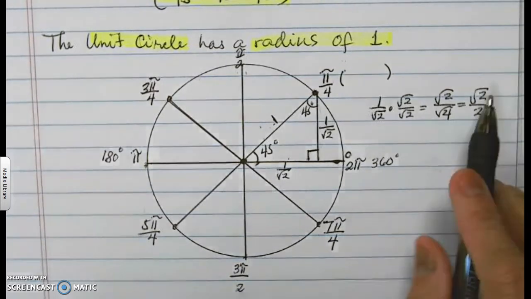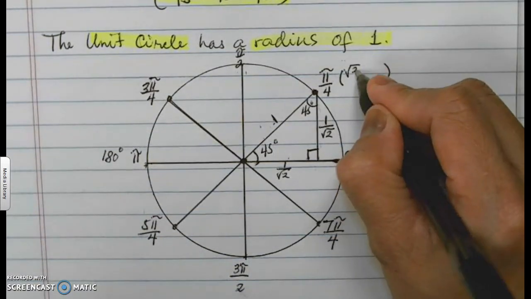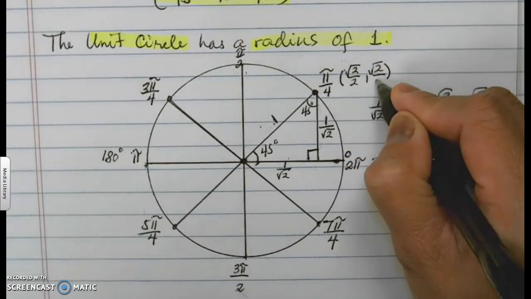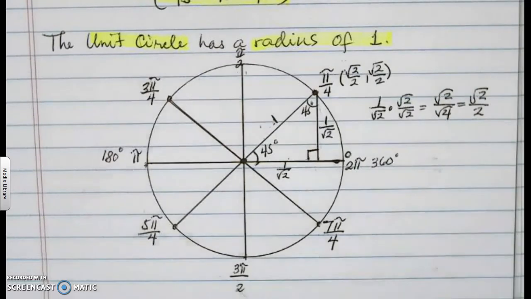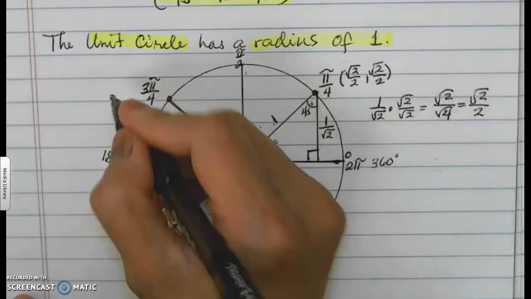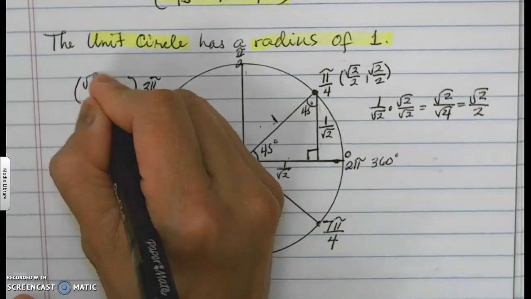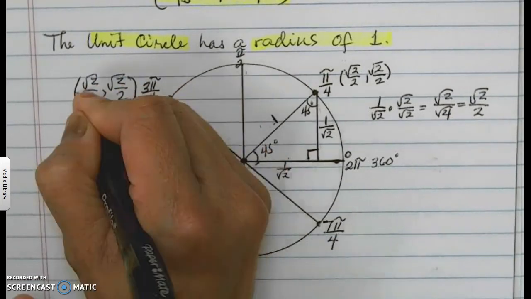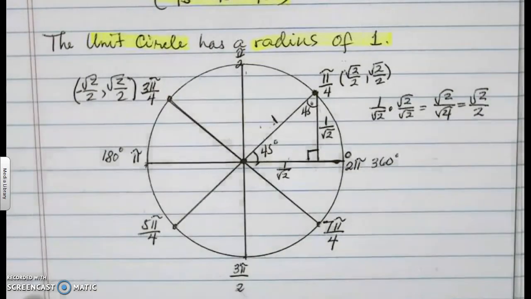So now we are going to put this here, square root of 2 over 2, both positive, because you're in the first quadrant. Now let's go to the second quadrant. It's the same coordinates, square root of 2 over 2, comma square root of 2 over 2, but this time x goes negative. Y is still positive.